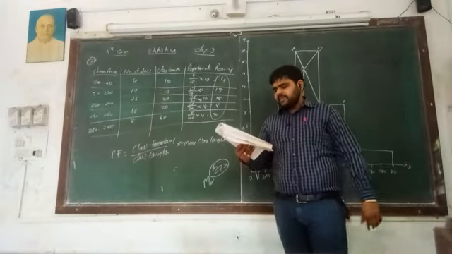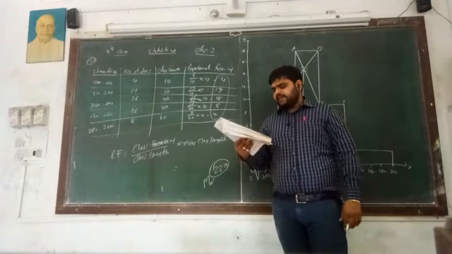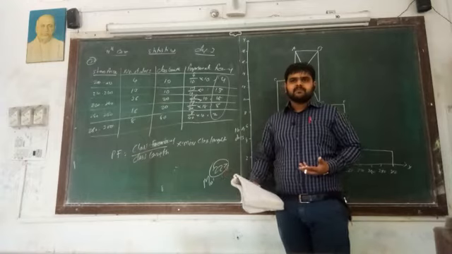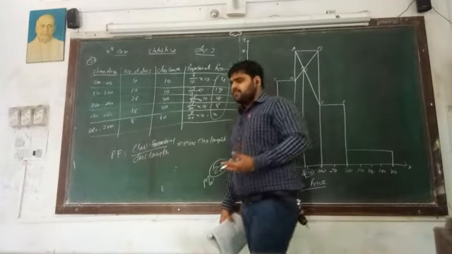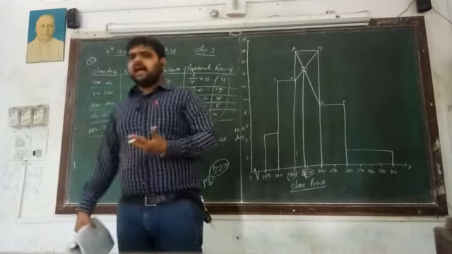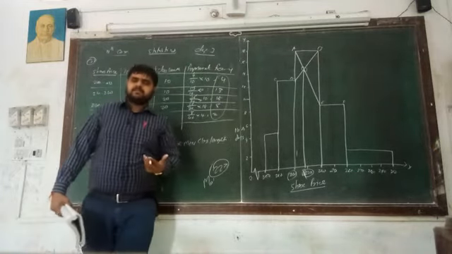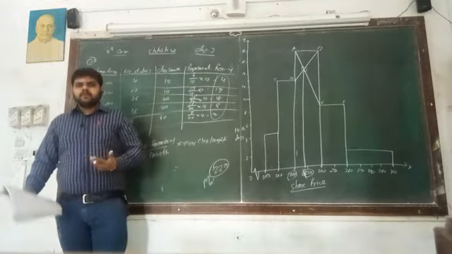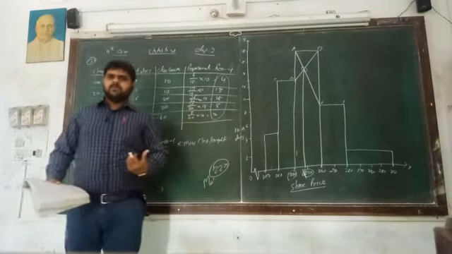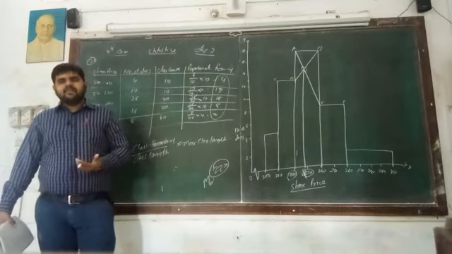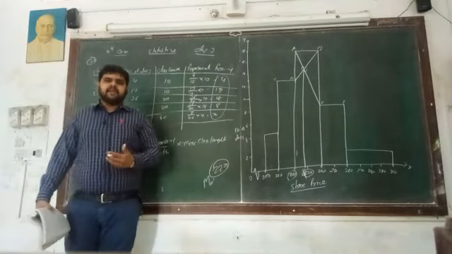So what are the disadvantages? It is not rigidly defined. Okay, mostly mode is not used for higher purposes or repeated purposes. Sometimes we have to find out mode, but in comparison of mean and median, those are found more.